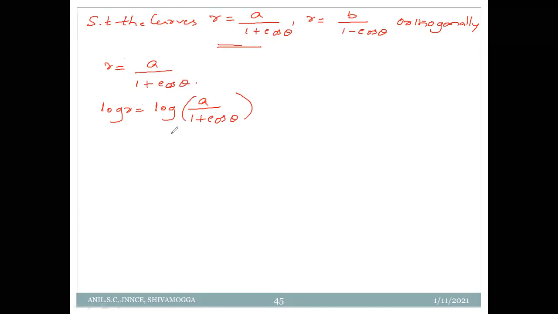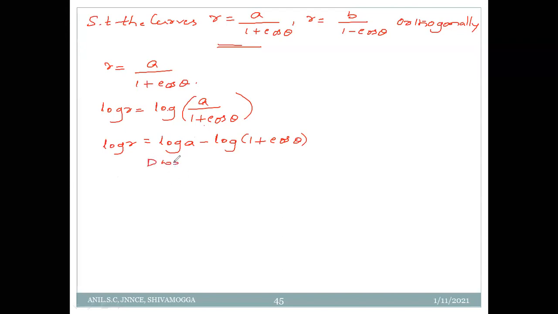This is a question paper problem. Now this takes log m by n form. That can be written as log m minus log n. That is log a minus log 1 plus cos theta.